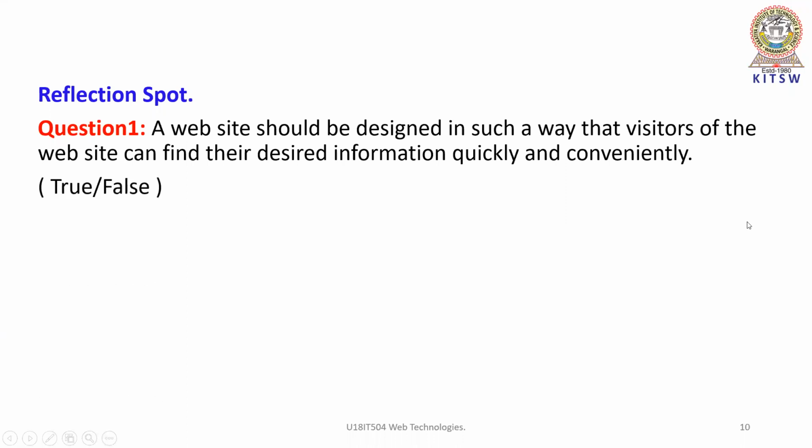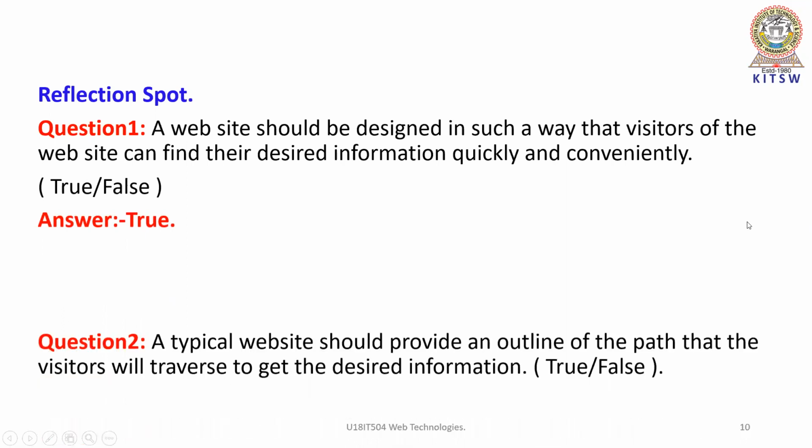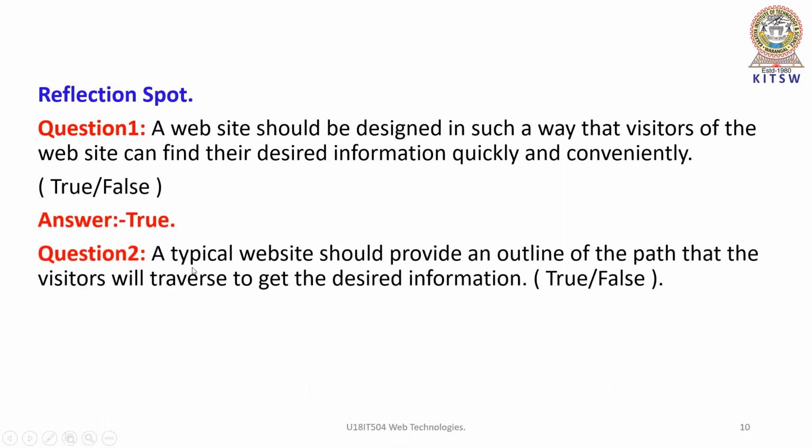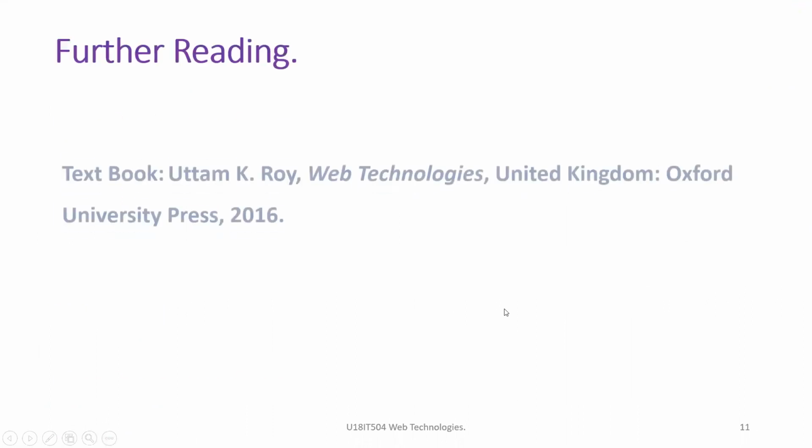True or false? True. A typical website should provide an outline of the path that visitors will traverse to get the desired information. Definitely, the website should provide an outline of the path. So, the answer is true.